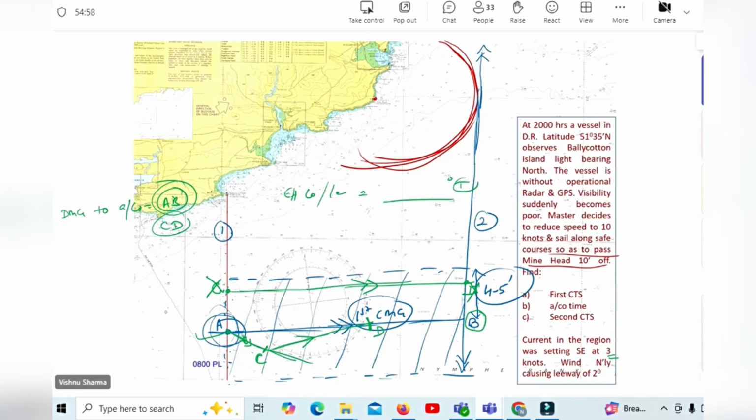Wind is northerly. To counteract wind, do we go into the wind or do we go down the wind? Into the wind. Will this CTS reduce or increase if I go into the wind? Reduce. So minus 2 degrees and you will get CTS so many degrees true.